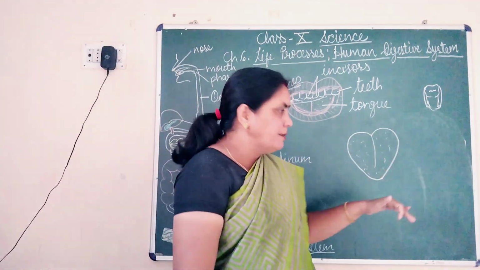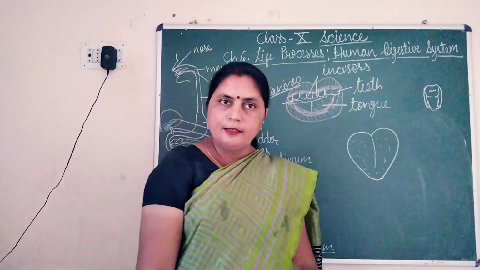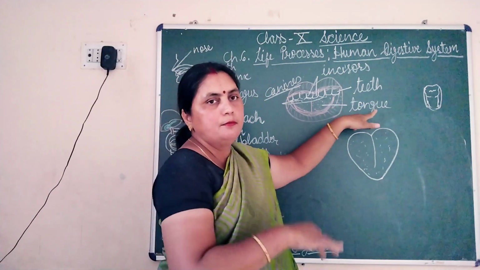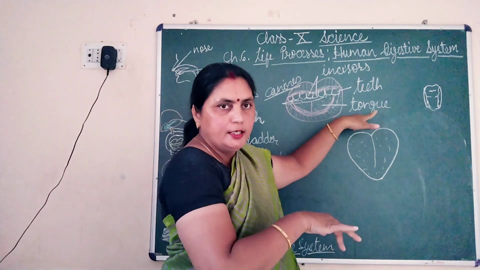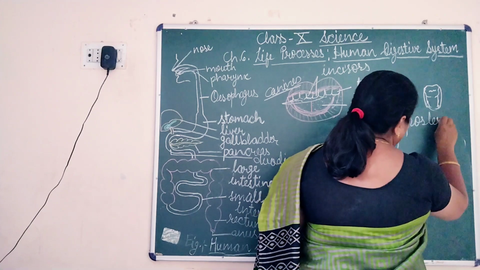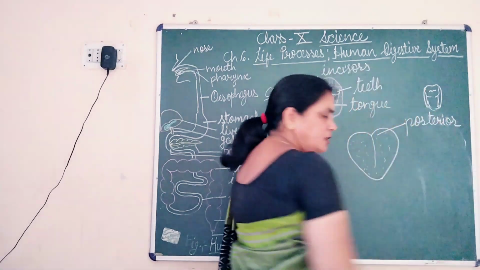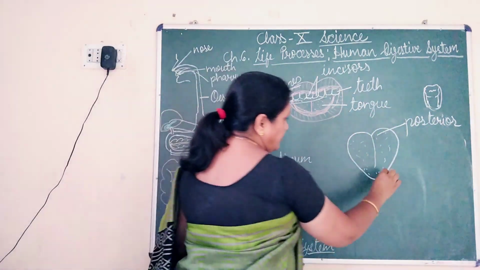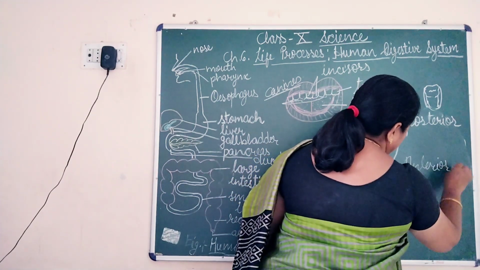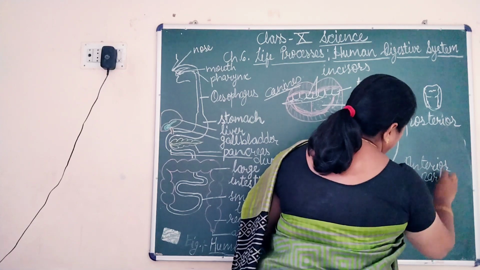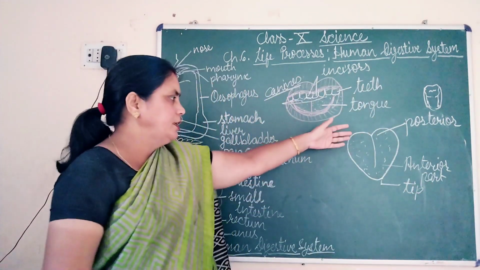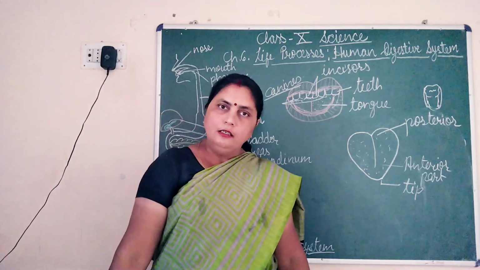Okay, and its anterior part is stretched inside the buccal cavity. Because from behind it is fixed, the part which is at back is called posterior part, and this part is called anterior part. And this may be called the tip. Okay, posterior part, anterior part, and tip of the tongue.